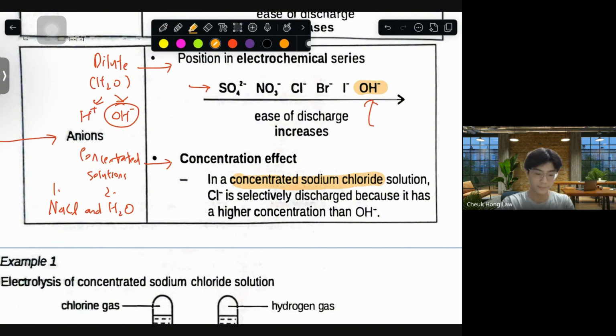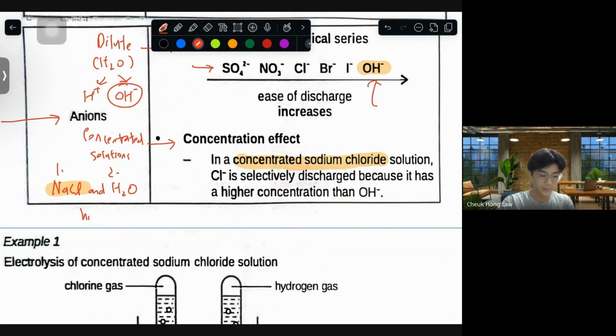More sodium chloride. Since there's more sodium chloride, there will be a higher concentration of sodium ions and chloride ions. Make sense? Higher concentration of sodium ions and chloride ions, then lower concentration of H plus and OH minus.